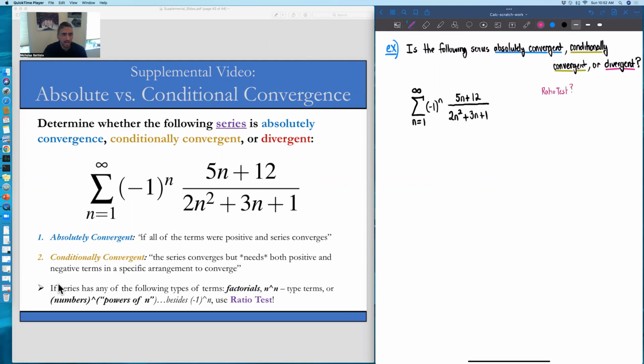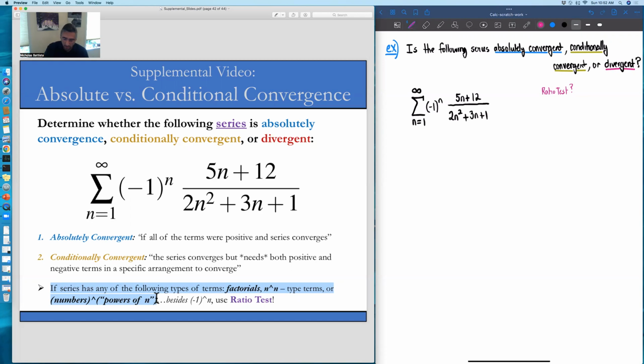For the ratio test, our series needs to have one of three types of functions inside of it in order to use it. In this case, we have no factorials inside of our series function. We don't see any numbers raised to powers of n.